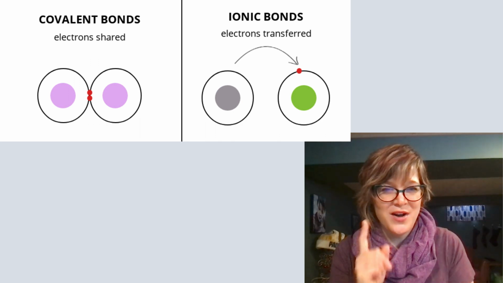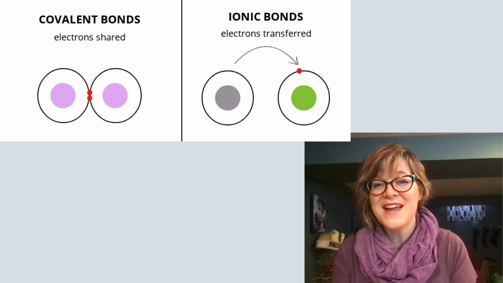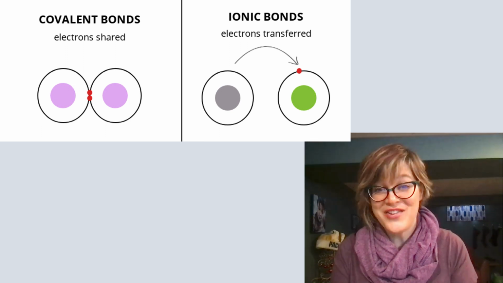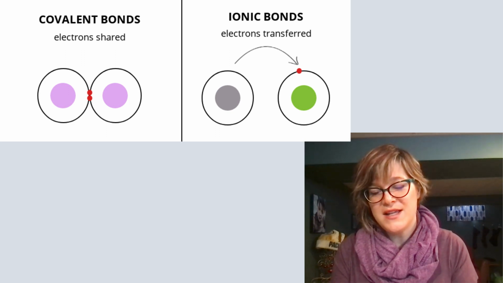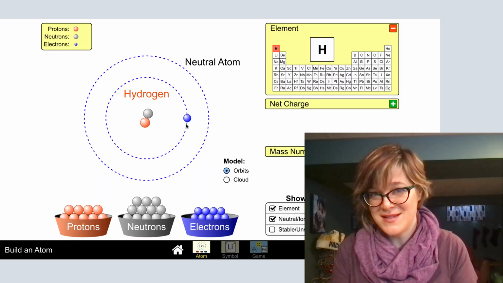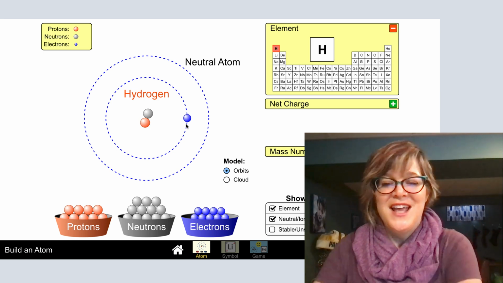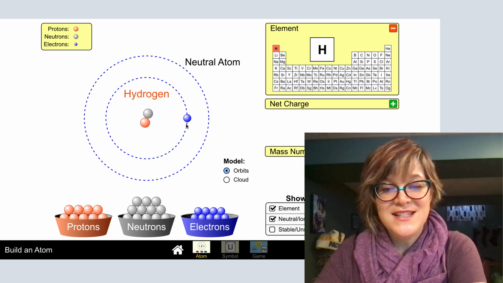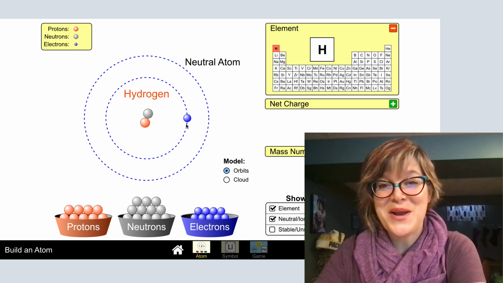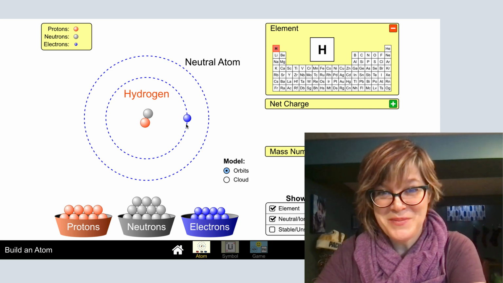But why does water have this special power? That comes down to the fact that water is held together by a covalent bond. Water is made up of two types of atoms. You have hydrogens, and a hydrogen is a teeny, teeny little atom. It's got a proton and a neutron and one electron.